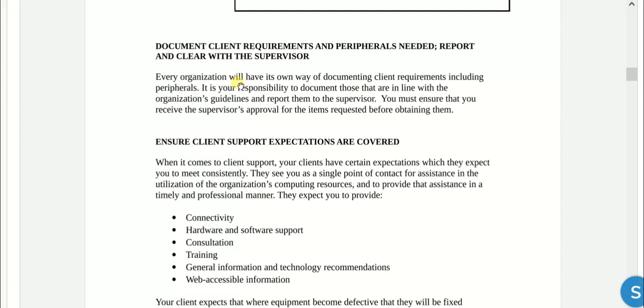Let's say you're a client of mine, and you have certain requirements as it relates to the peripheral devices that you would need. So I should document your need, or the various peripherals that you need, and identify and confirm it with you.